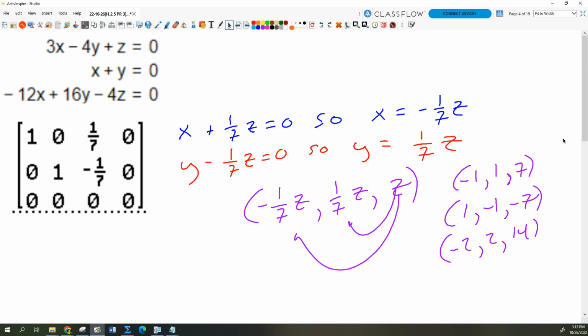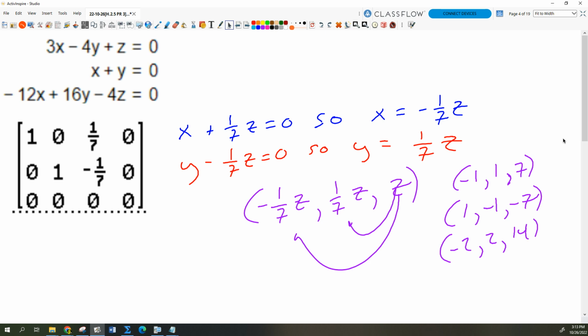The y coordinate would be positive 1, and z would be 7, right? So what does that correspond to? That's just a point in three-dimensional space. I go over 1 to the left, up 1, and out of the board 7. If I plug in negative 7 for z, I would get the coordinates positive 1, negative 1, negative 7.